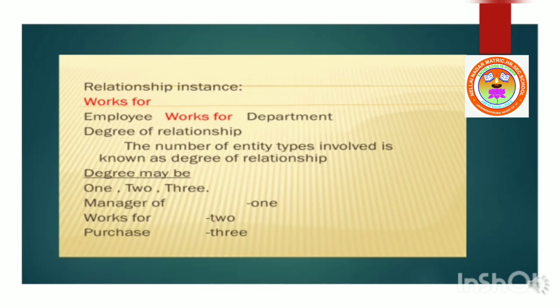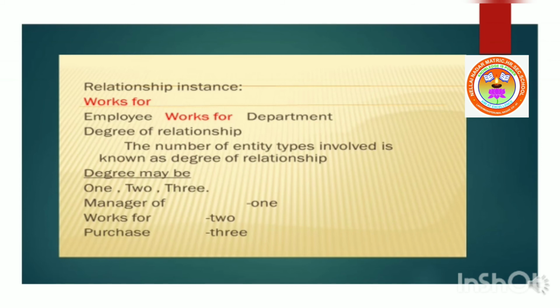Relationship instance. Each instance of the relationship between members of these entity types is called a relationship instance. Example: works for, purchase. So these are all relationship instances. Employee works for this department.